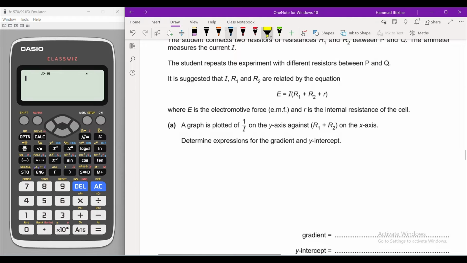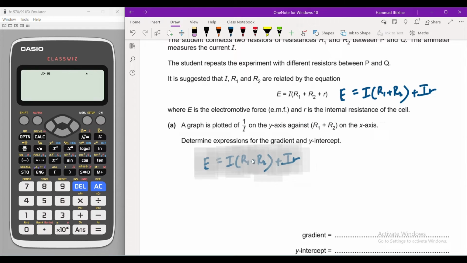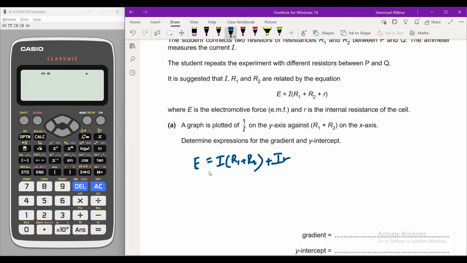Okay, so if we expand this equation, we get I(R1 plus R2) plus I small r equal to E. Now we cross multiply I and E on both sides, so we have 1 over I. Okay, let's do this again.